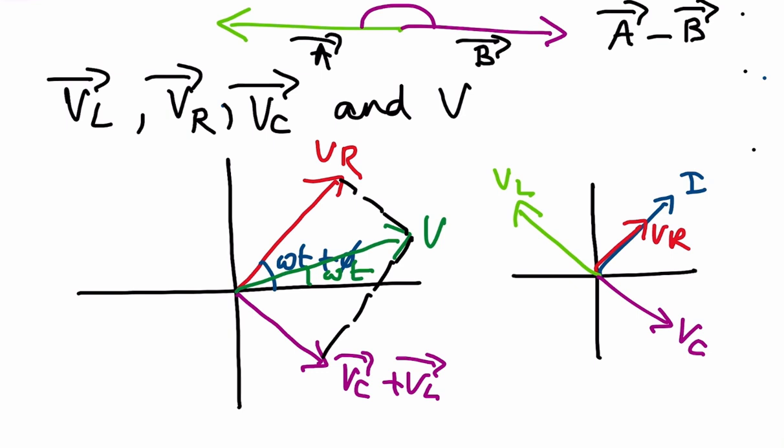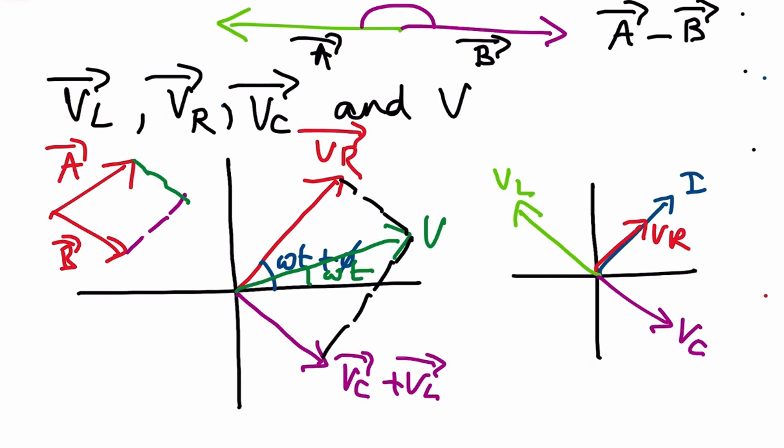Now in the parallelogram law of vector addition, if you take two vectors A bar and B bar, parallel to A bar you draw one line from B, and parallel to B bar you draw one line from A, and then you join the diagonal. The diagonal gives A plus B. That is the parallelogram law of vector addition, which comes in our 11th standard.